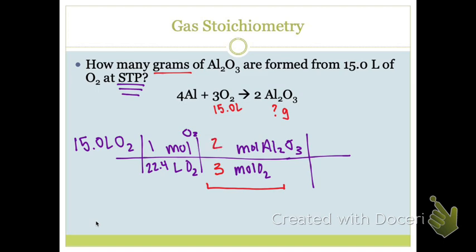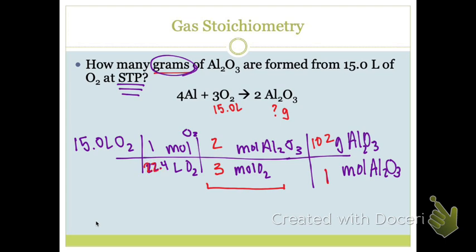And then I'll finish my problem with moles of aluminum oxide and grams of aluminum oxide, because it asks me for grams. Here, moles gets the 1, and I need the molar mass of aluminum oxide, 102 grams.